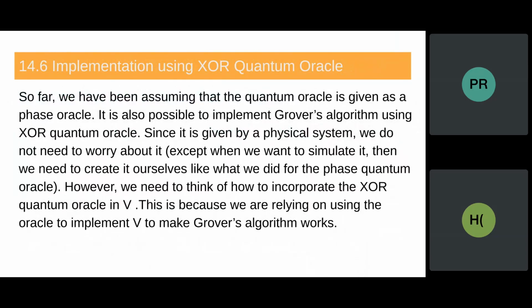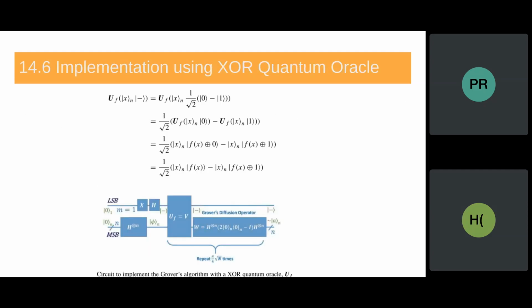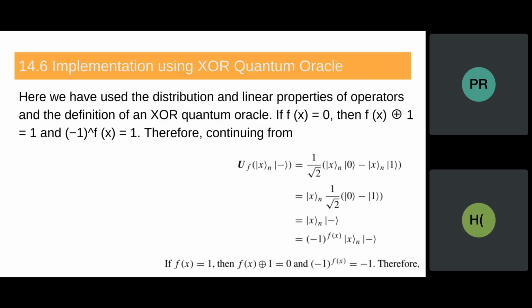Remember that in the case of the phase flip gate, we just have the 2 qubit inputs. There are no extra gates required. But in the case of XOR implementation, you will find that you have 2 qubits and you may need additional gates, because in this case it is 2 plus 2 plus 1, 5.